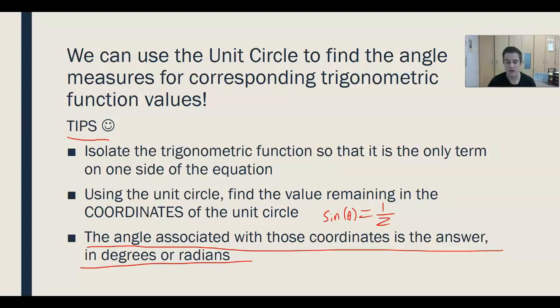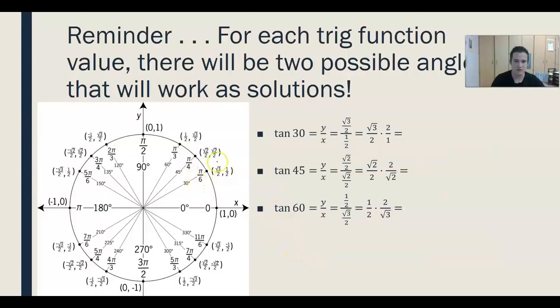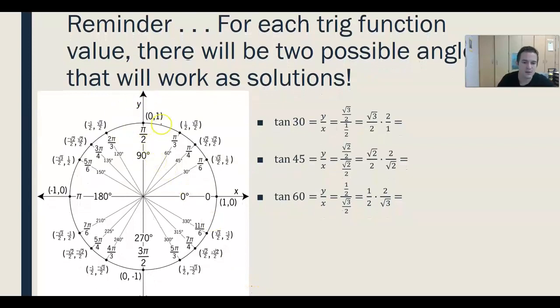Let me look on my unit circle where sine is equal to 1/2, or where y is equal to 1/2. I'm going to find that right here. There's a y value that's 1/2, but I'm also going to find that right here.